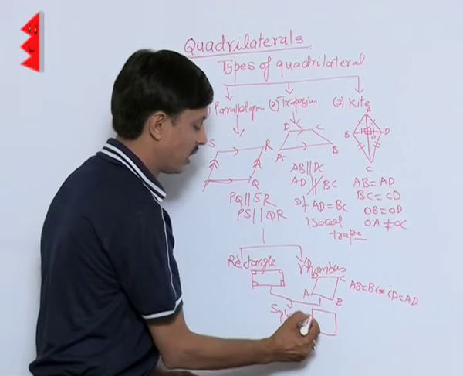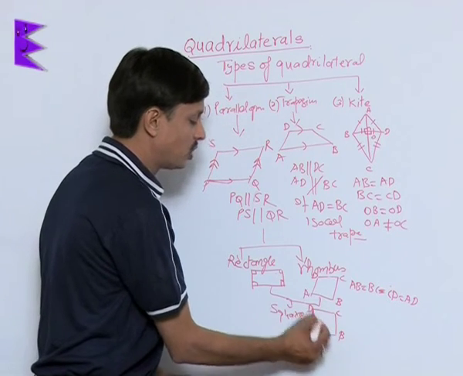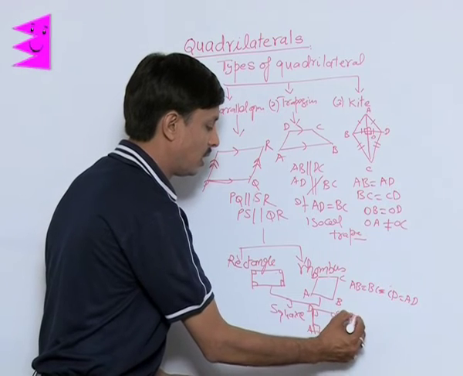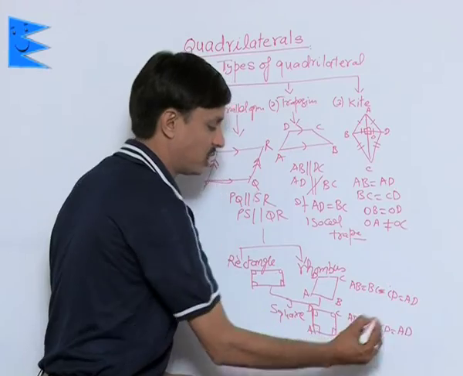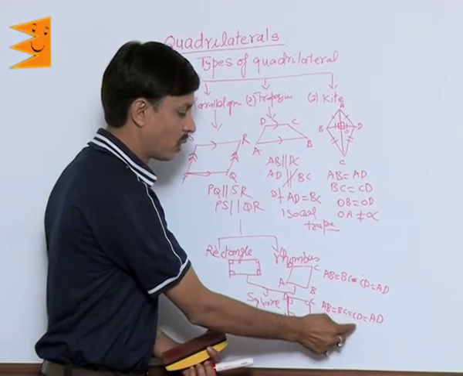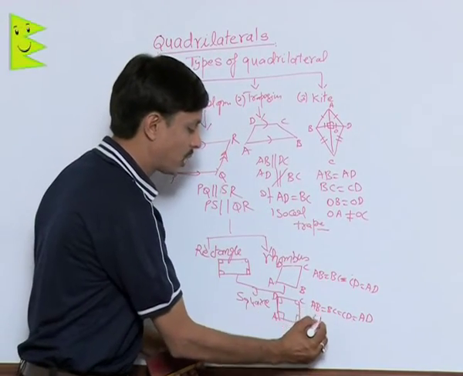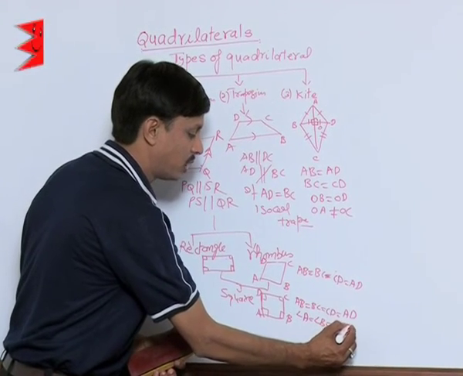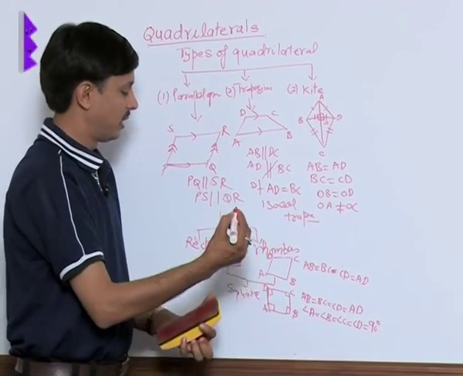This is the square ABCD. Each side is the same. In a square, AB is equal to BC is equal to CD is equal to AD, that is, all sides equal. Also each angle, that is angle A is equal to angle B is equal to angle C is equal to angle D is equal to 90 degrees. Each angle is a right angle.